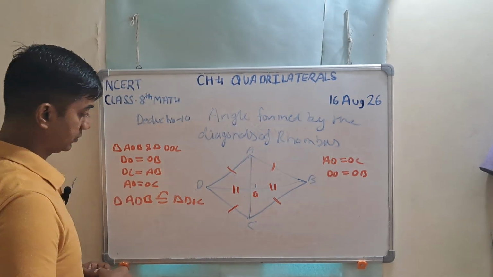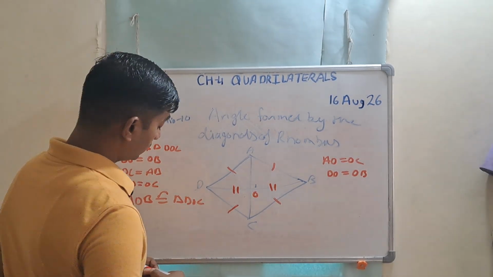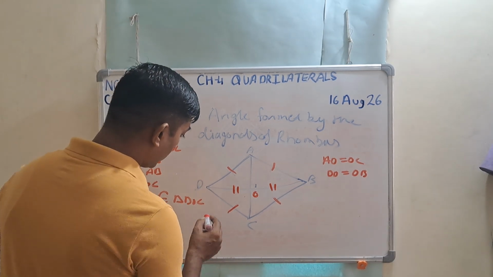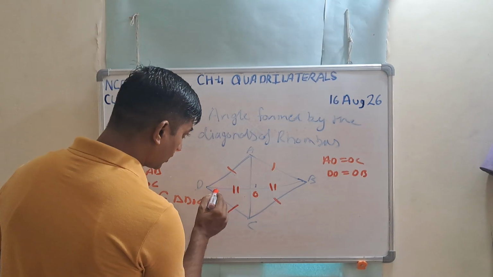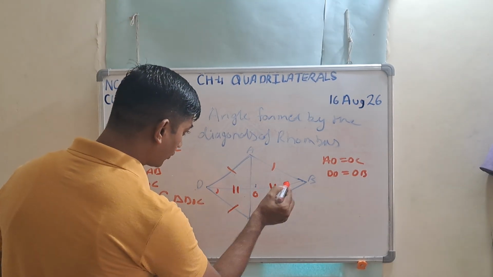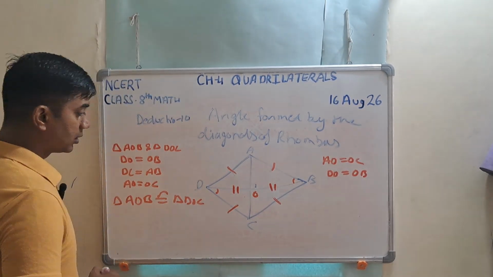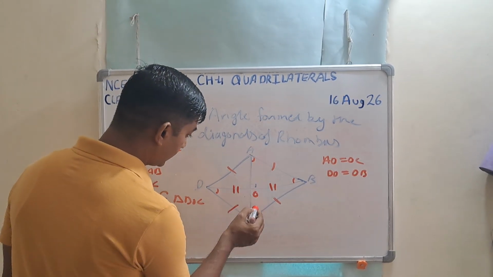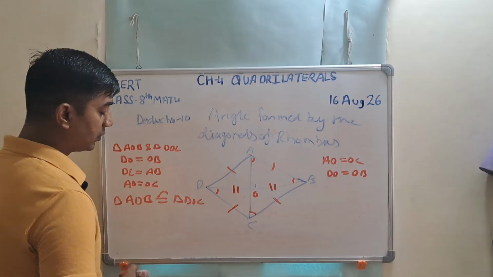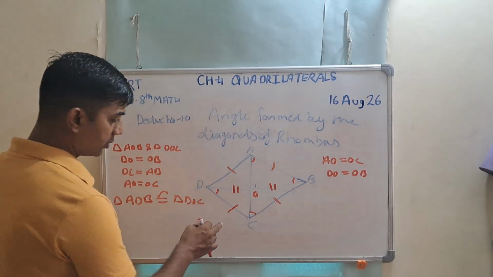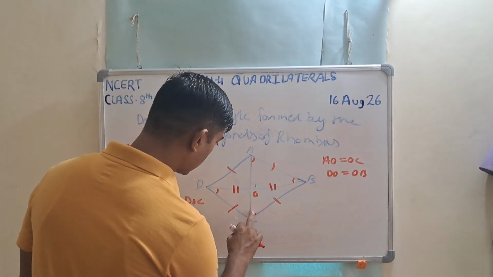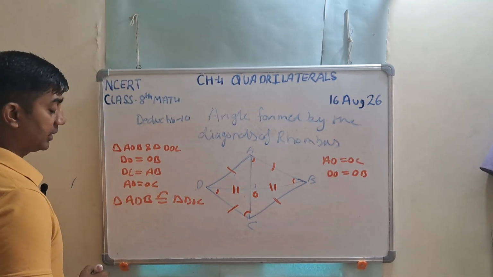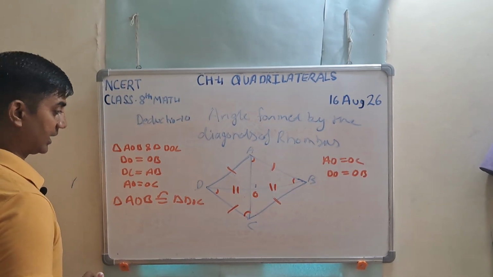Now what is the relation between these? This angle is equal to this angle by corresponding parts of congruent triangles, and this angle is equal to this angle by the corresponding parts of congruent triangles.